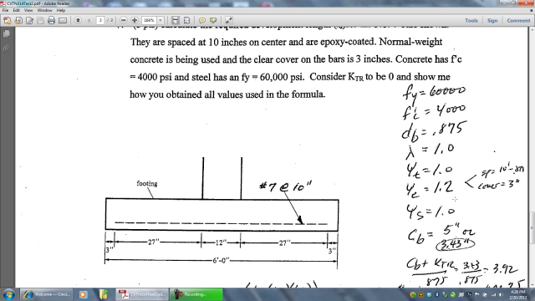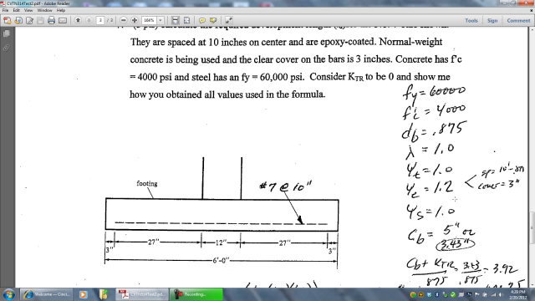The epoxy coated steel has 2 requirements that have to be met to use 1.2, and the one is you can't have a clear spacing less than 6 bar diameters. Well, we have a 10-inch center to center spacing, so we have over a 9-inch clear spacing, which is much greater than 6 bar diameters.